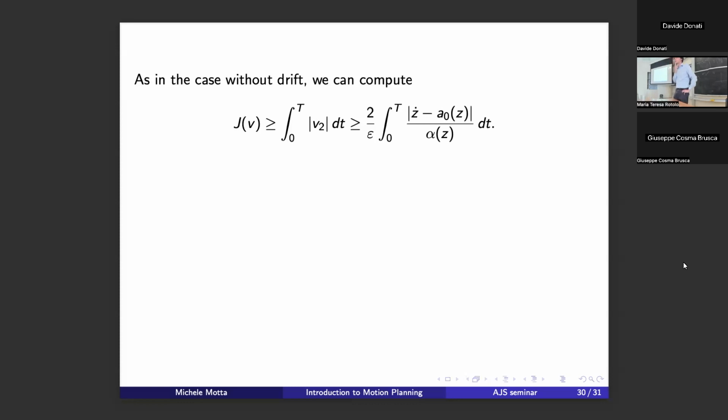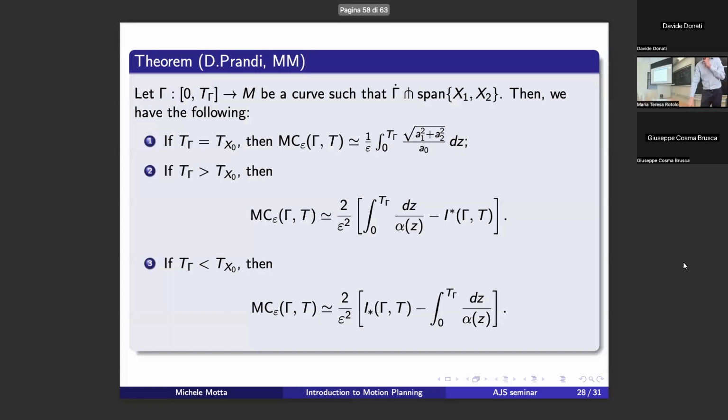I'm curious: can you go back to the statement of the theorem? This one, okay. Because these three cases can happen, do you have examples for all three cases? Well, yes, you just change the drift.